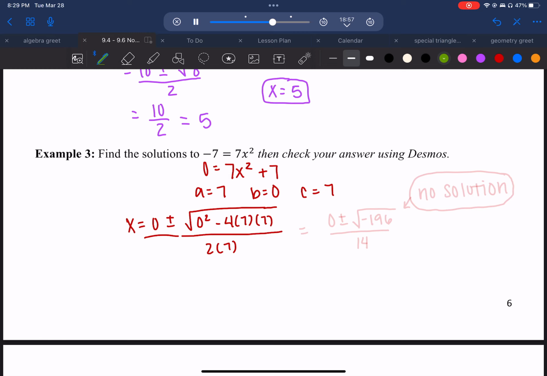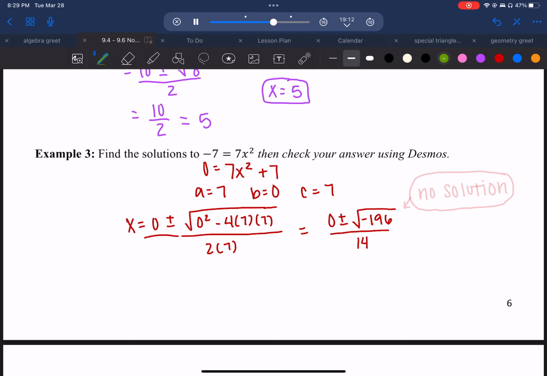So again, you want to put that into your calculator. And we get 0 plus or minus the square root of negative 196 all over 14.